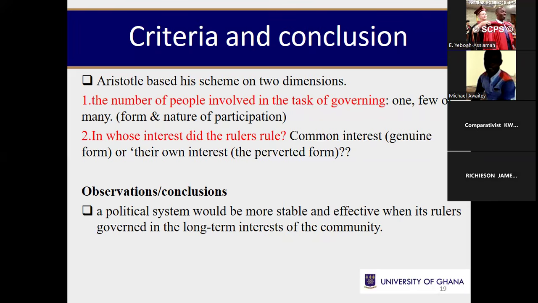After all, that is the very essence of government. The people give you their will, their power, their resources through the social contract. And then you have to use the power and the resources in their common interest. That is the genuine form of rule.